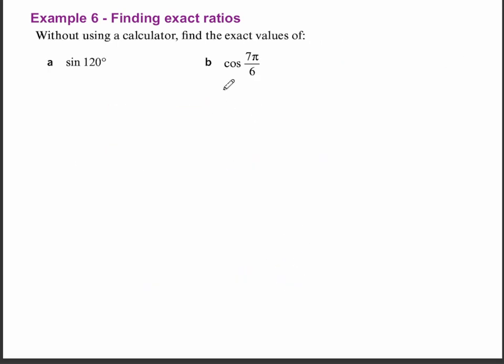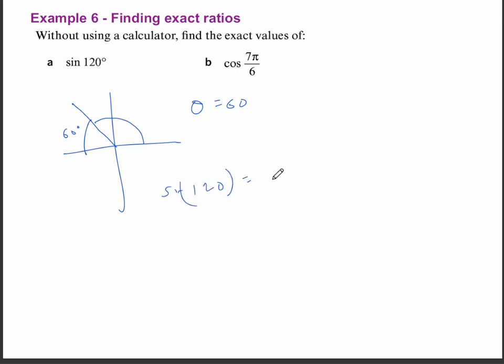Next, without using a calculator, find the exact values of sine 120 and cos 7π/6. Now, sine 120 degrees means the reference angle is 60 degrees, and the way we get that is 120 is here, and the remaining will be 60 degrees right here. And so the reference is 60 degrees. That means sine 120, the magnitude of it will be equal to sine of 60.